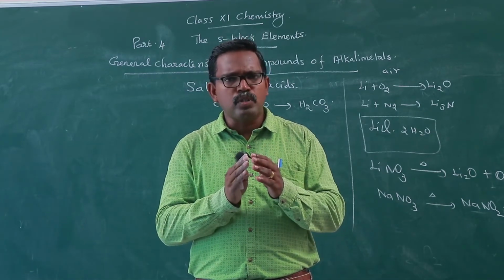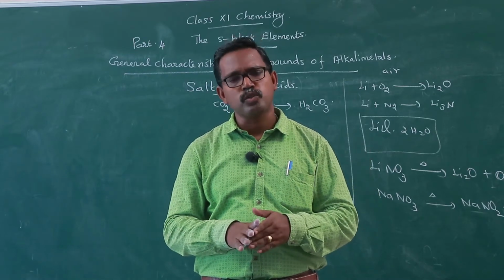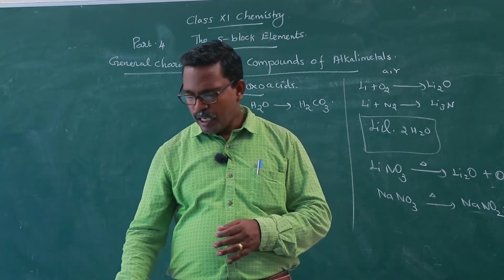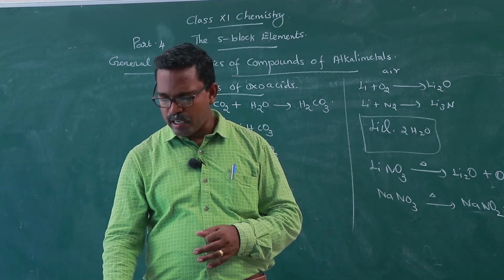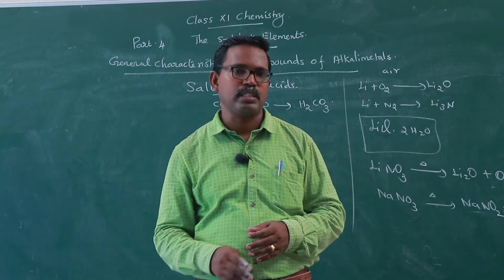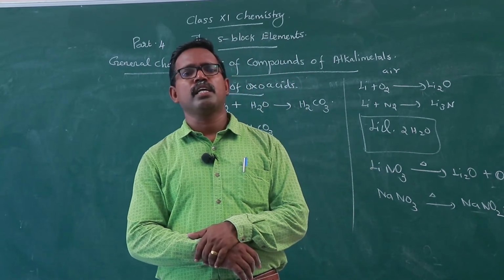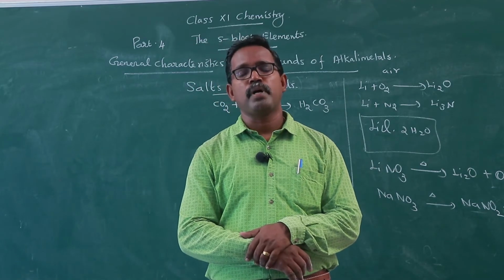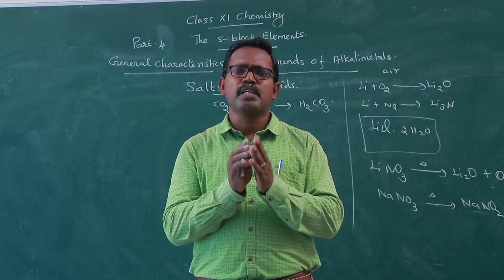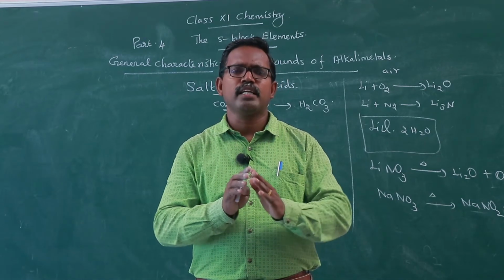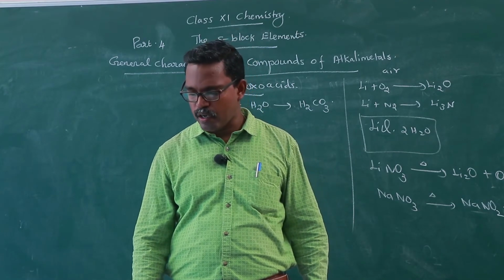These compounds do not further react with oxygen to form peroxides or superoxides. The carbonates of lithium and magnesium decompose easily on heating to form oxides. Normally, metal carbonates on heating give metal oxide and carbon dioxide. Lithium carbonate or magnesium carbonate on strong heating readily loses a molecule of carbon dioxide and gives the corresponding oxides.